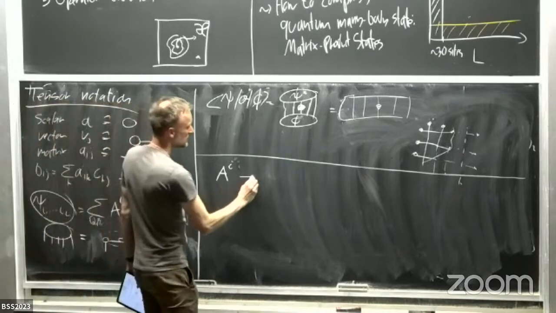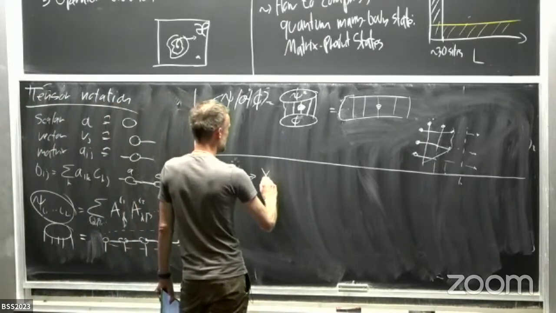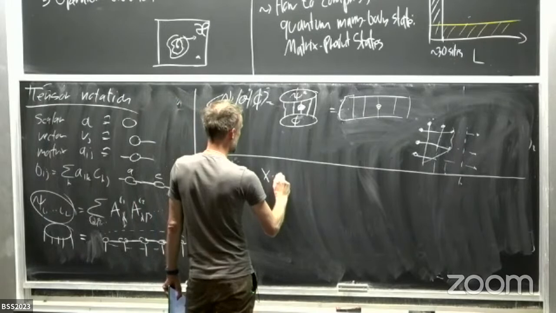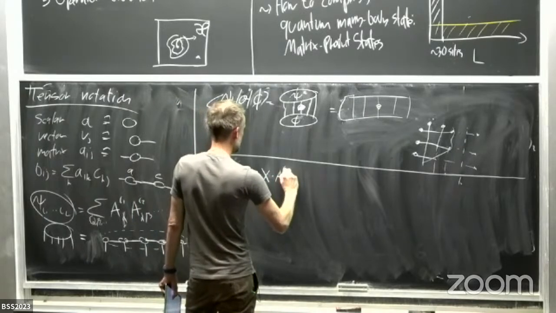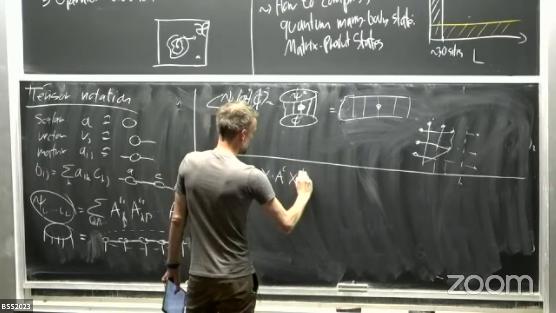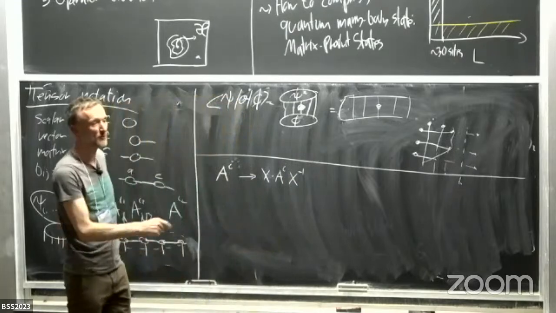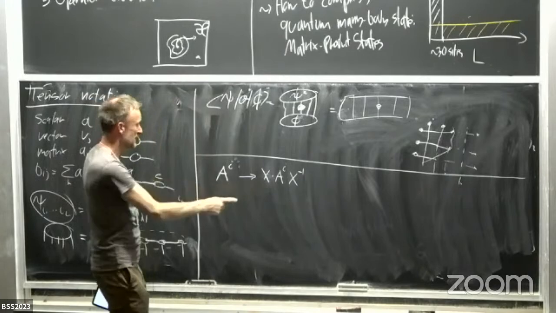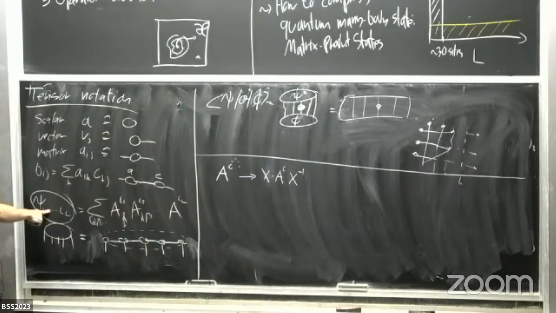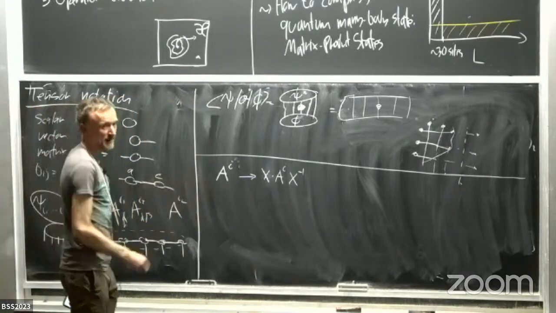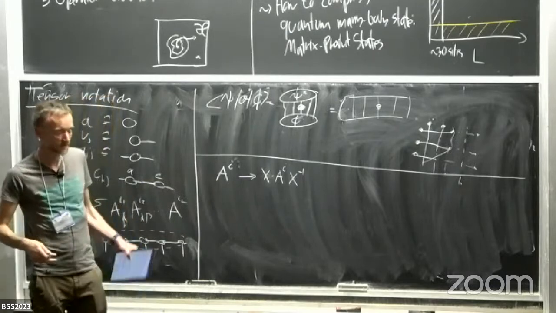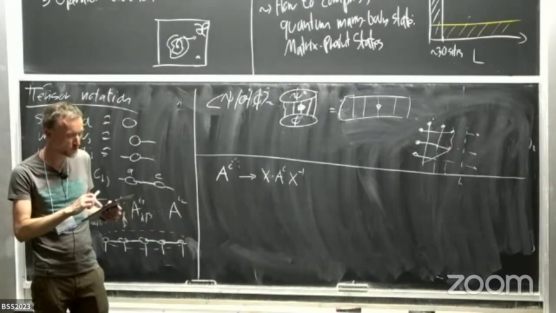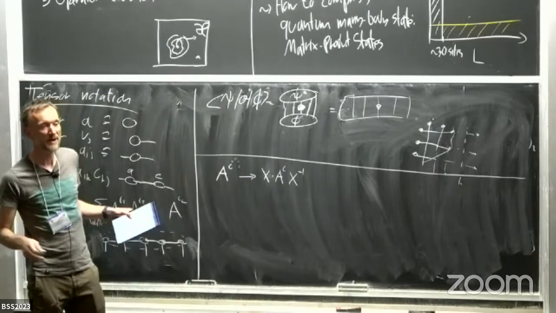But now what I can do is take some invertible matrix X and change it to this. Right? So now we see that if we multiply those matrices together, we get exactly the same amplitude, yet the matrices are different. So we have a gauge degree of freedom that allows us to choose the matrices in some way that's convenient to us.